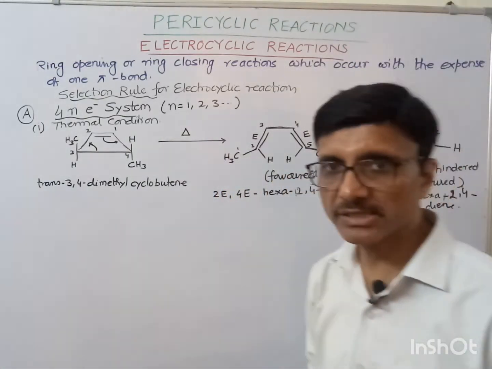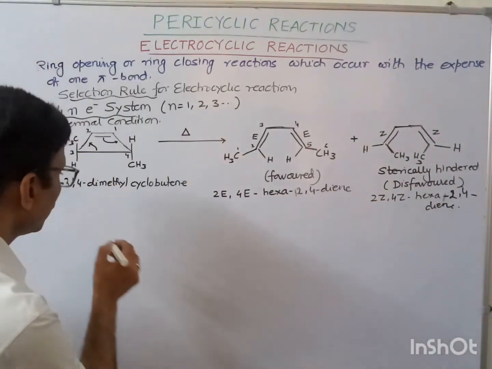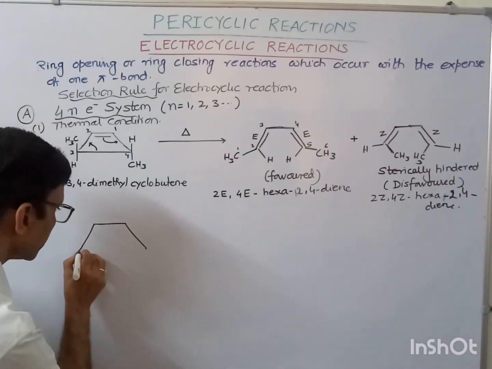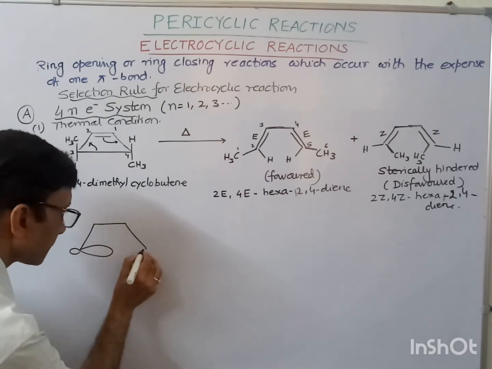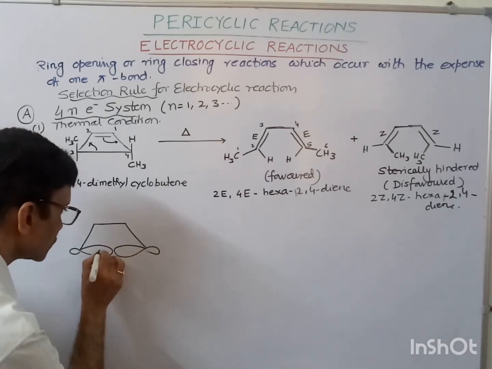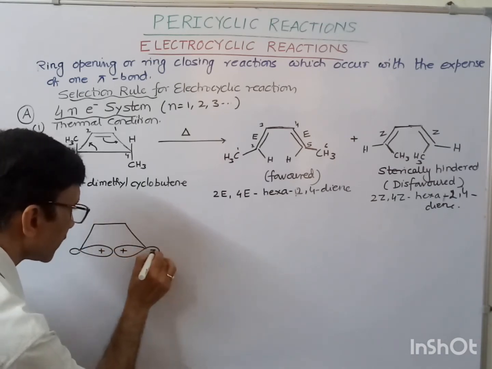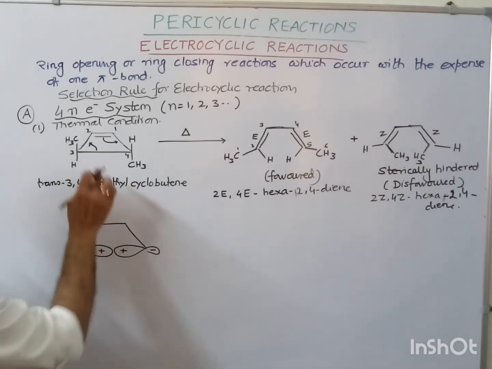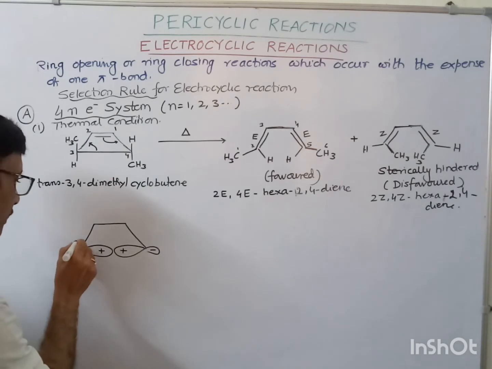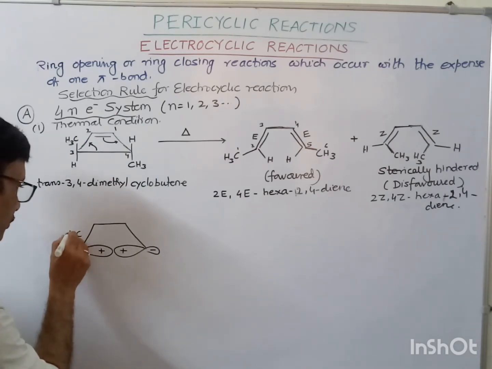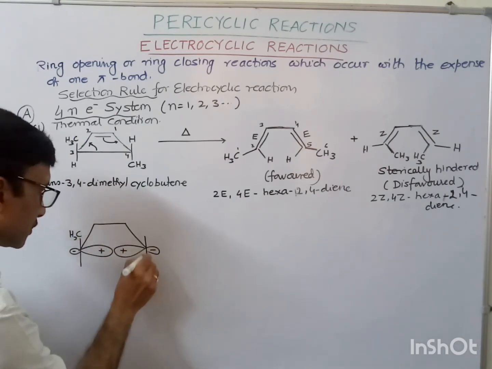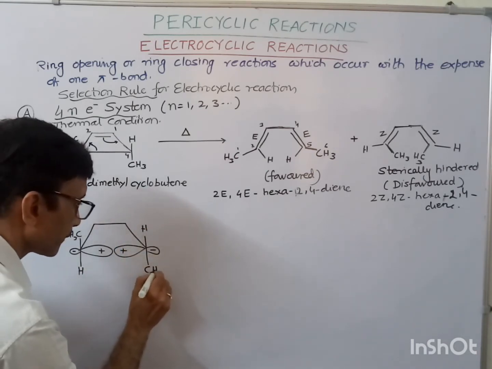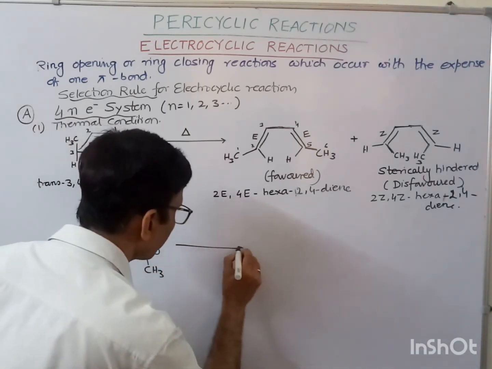So let's see here. If I draw the orbitals over here, this is plus, plus, minus, minus, and I have only drawn this sigma orbital, I am not drawing the pi orbital, and this is our CH3, and this is H, this is H, this is CH3. Okay.